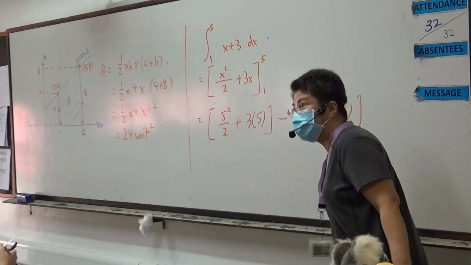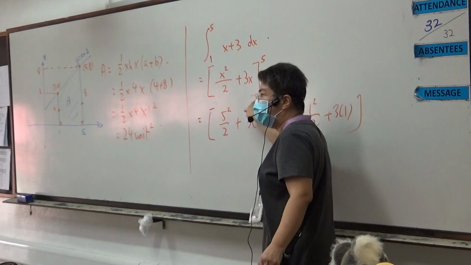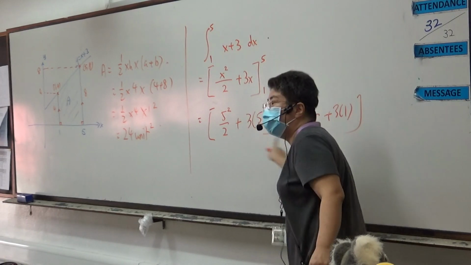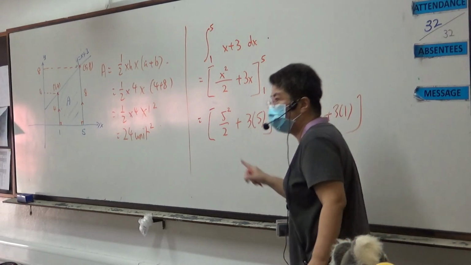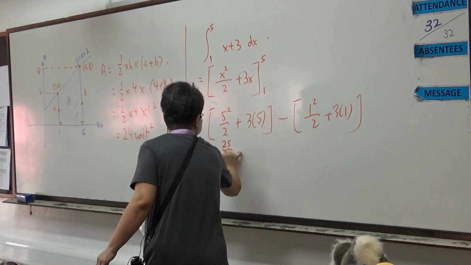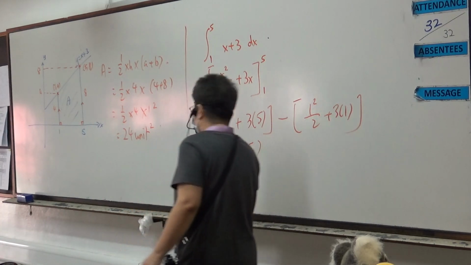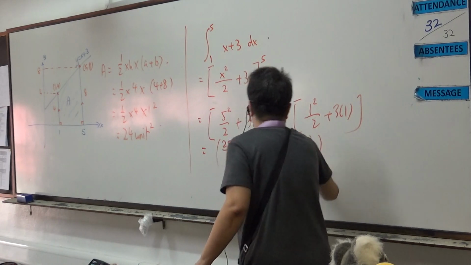This is the meaning. You understand what I'm talking about? And you must use a square bracket. You cannot use curly bracket, you cannot use closed bracket. So this one will give me 25 over 2 plus 15, am I right? Minus, this one will be 3.5, right?